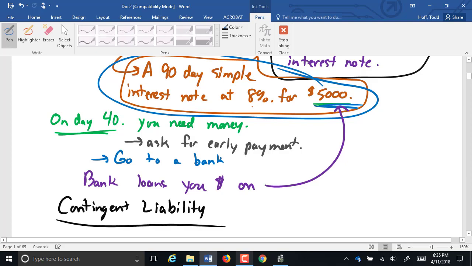Does the bank have a contract with me? No. Who does the bank have a contract with? With you. If I don't pay, can the bank legally go after me? No, they don't have a contract with me. Who's the only person that can legally go after me? You.